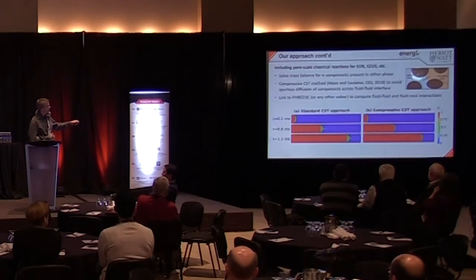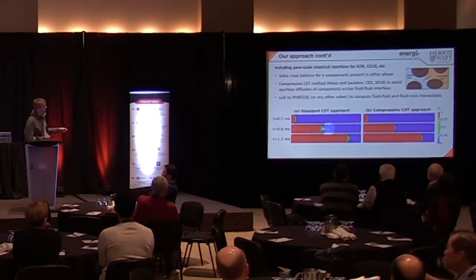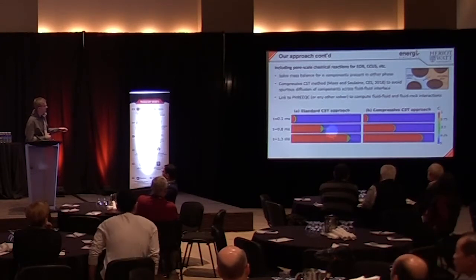How you track the fluids at this interface: the standard approach is the continuous species transport approach that is published in the literature. What happens is that you get some numerical dispersion of the chemical components across the fluid-fluid interface, which is non-physical in many applications.